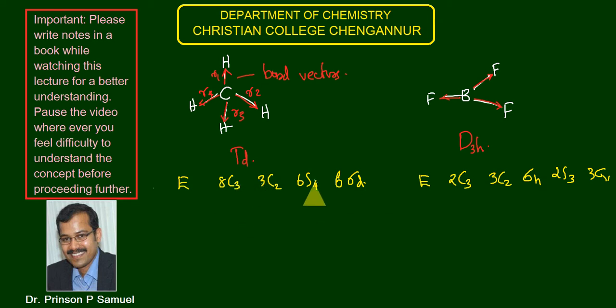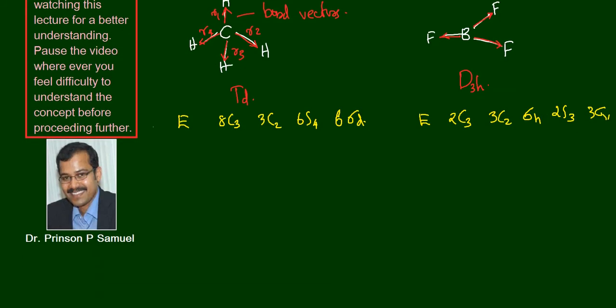So our basis set here in the Td point group is R1, R2, R3, and R4, and we will see what happens to these when we perform these operations.